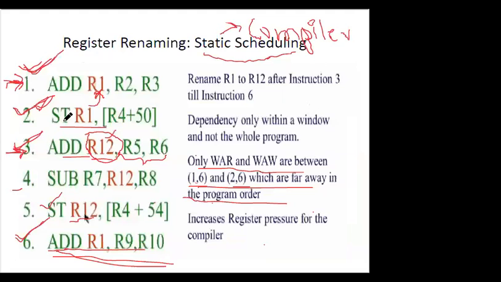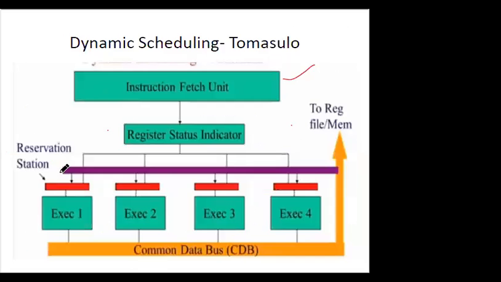This store instruction has to wait for the value of R1 being updated by the add instruction. Suppose the add instruction is being performed in execution unit 1. It is updating the value of R1. That value of R1 is needed by this execution unit to store that value. So execution unit 2 will be waiting for the value of R1 to update.